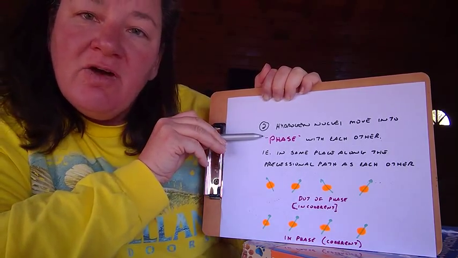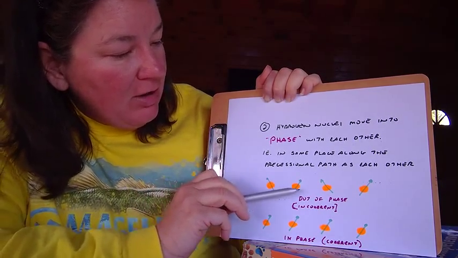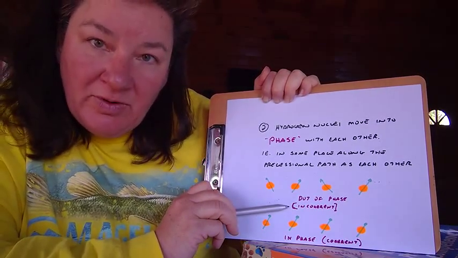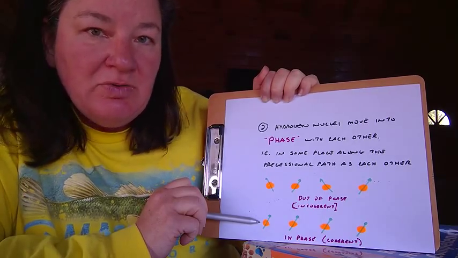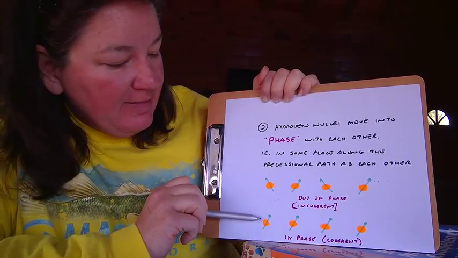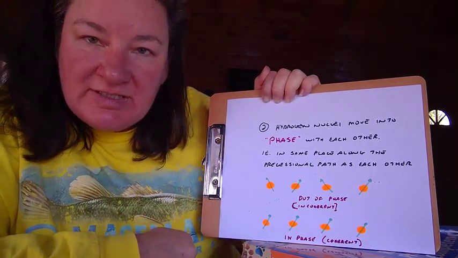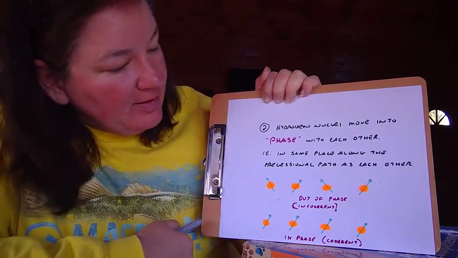When they're in phase, they're on the same place on that path, which means instead of being all over the place, which is out of phase, or incoherent, nice word, they are in phase. When you add resonance, everybody's in the same place along the precessional path, which creates coherence.